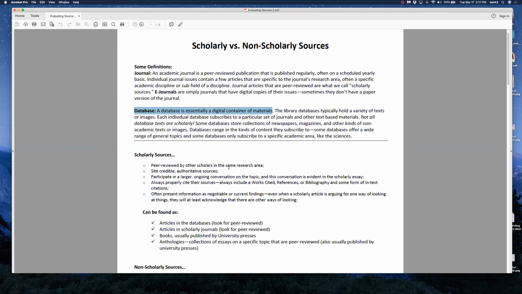A database, I think of them as a digital container of materials. And the library has a bunch of different databases. So EBSCOhost is a database. JSTOR is a database. And these are boxes that subscribe to specific types of texts or research.